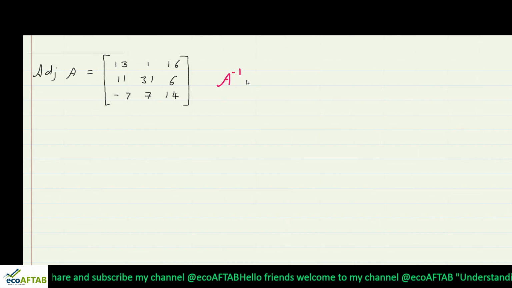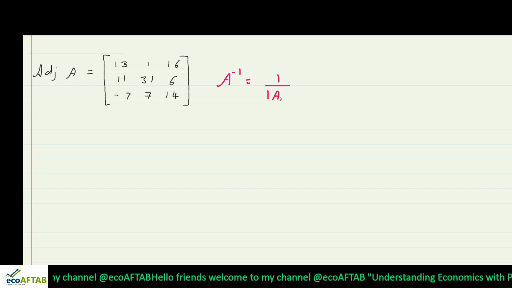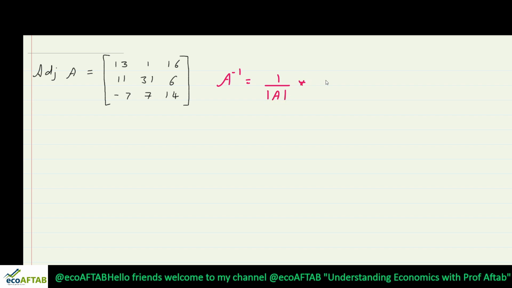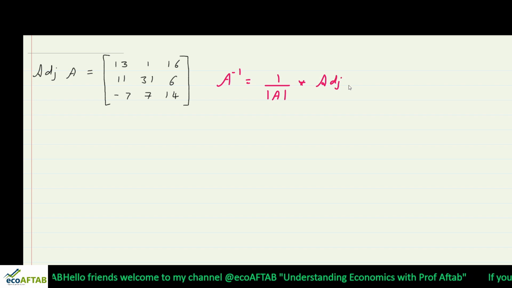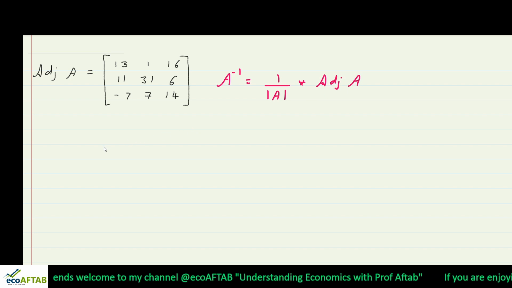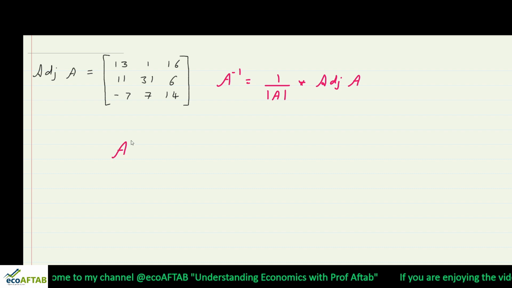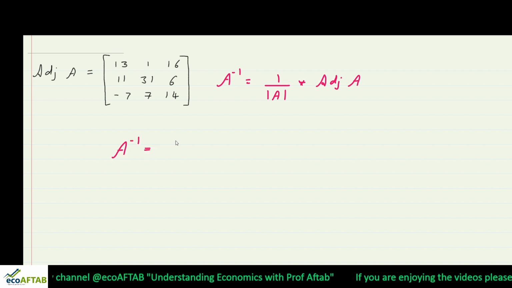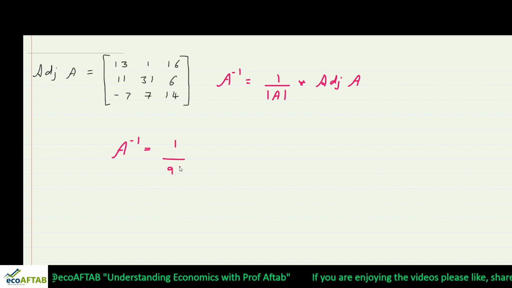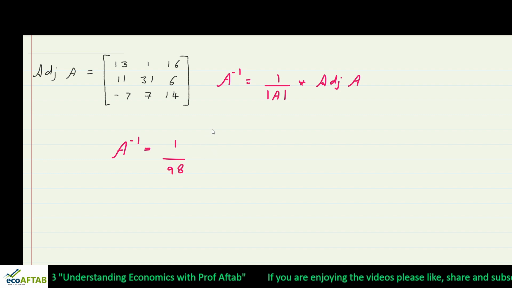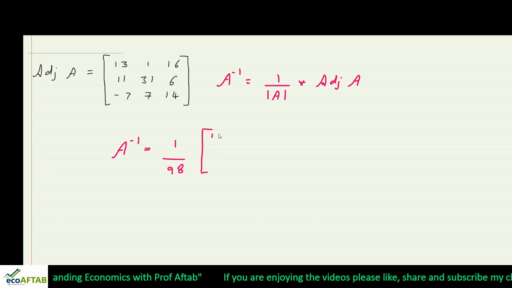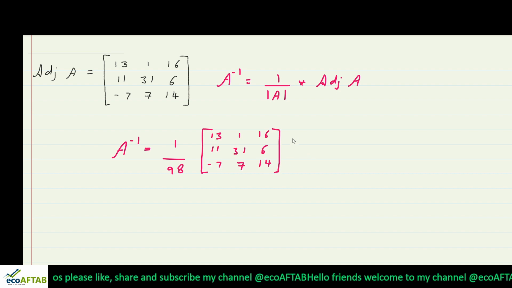Inverse of A is equal to 1 upon determinant of A multiplied by adjoint of A. So here A inverse is equal to 1 divided by 98 multiplied by adjoint of A. We can make it simpler by dividing all the elements of adjoint of A by the determinant.